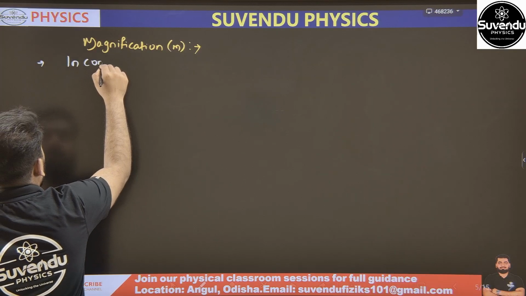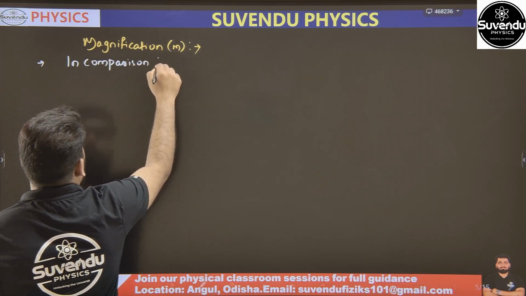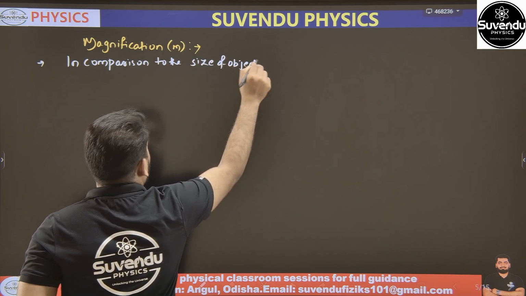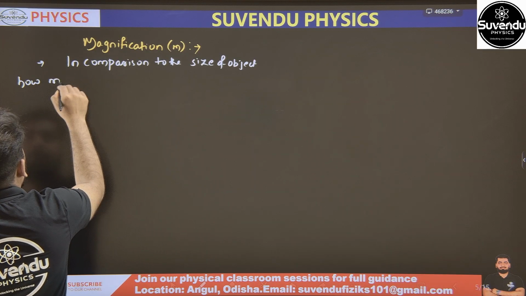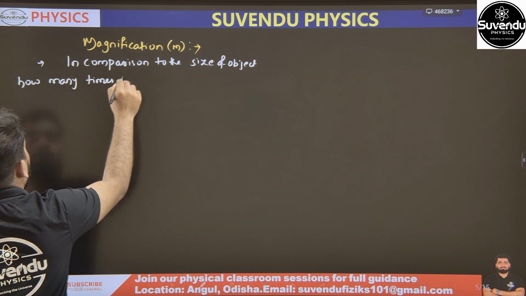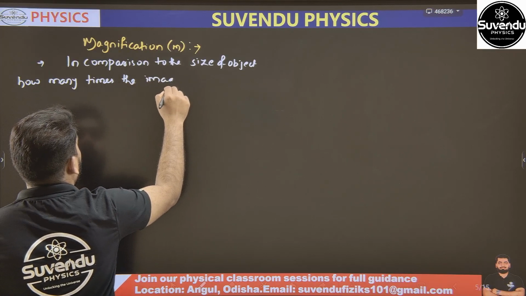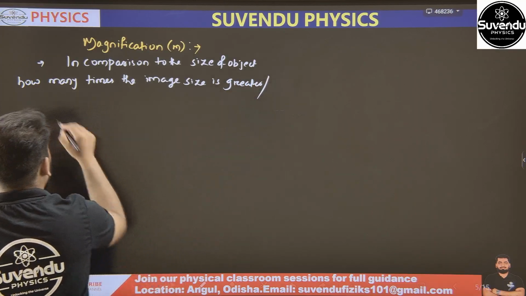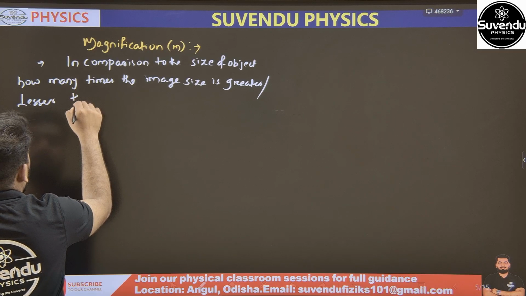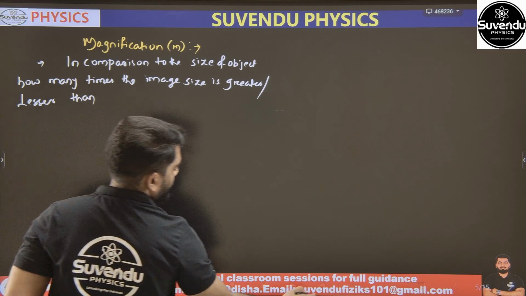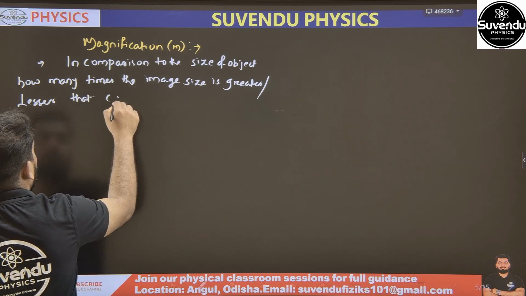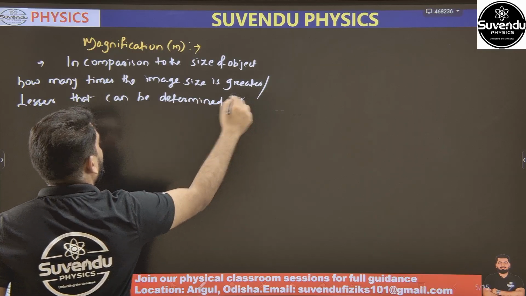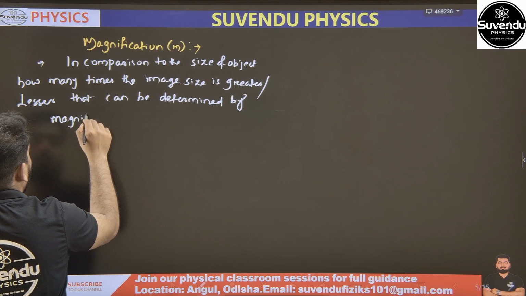In comparison to the size of the object, how many times the image size is greater or lesser, that can be determined by magnification. And what is its working formula?